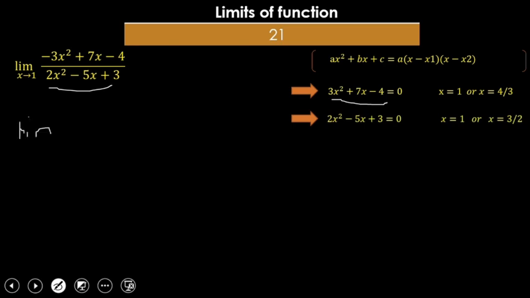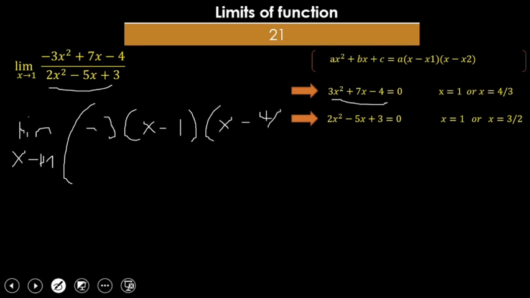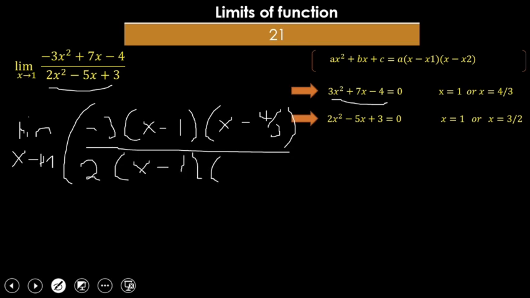Okay, this limit as x tends to 1 of what? Minus 3 into x minus 1 and x minus 4 on 3, all that all over 2 into x minus 1 and x minus 3 on 2. Okay, this and this will cancel out.